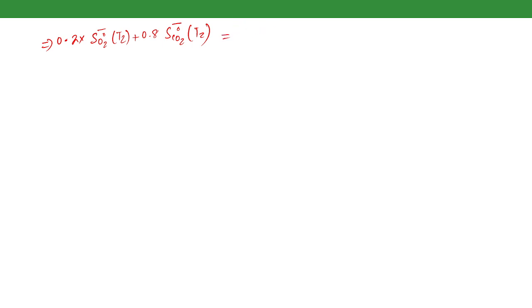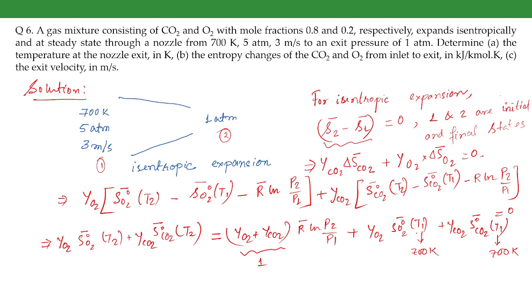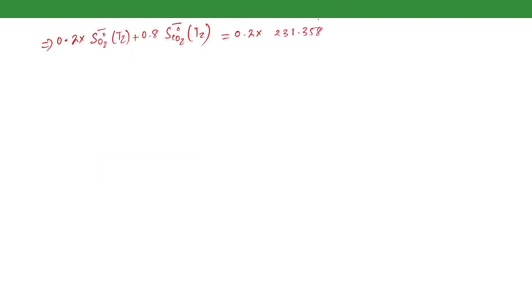This is equal to 0.2 multiplied by 231.358, this value has been found to be 231.358, and this value has been found to be 250.663, plus 0.8 into 250.663 plus 1 into 8.314 ln of the pressure ratio.